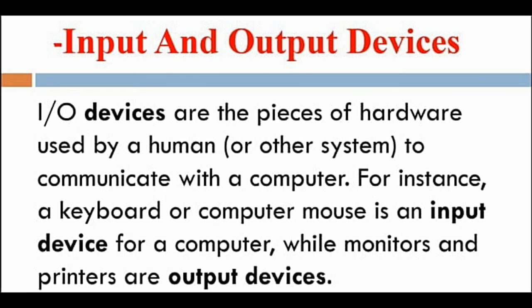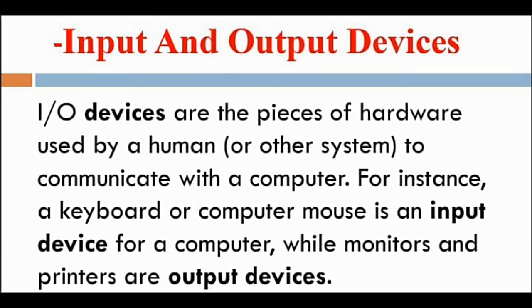You can type with the help of keyboard, okay, and then you can control the computer with the help of mouse. So the keyboard and mouse are the input devices. Now, what are the output devices?